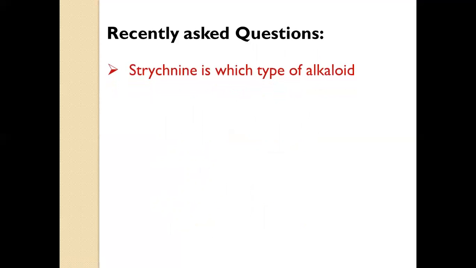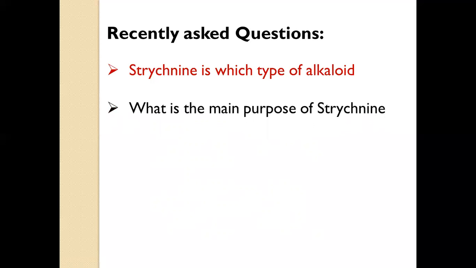So, what are the important or repeatedly asked questions about strychnine? So, what is strychnine and which type of alkaloid is strychnine? And what is the medicinal importance or the main purpose of strychnine? And then what is the structure of strychnine?